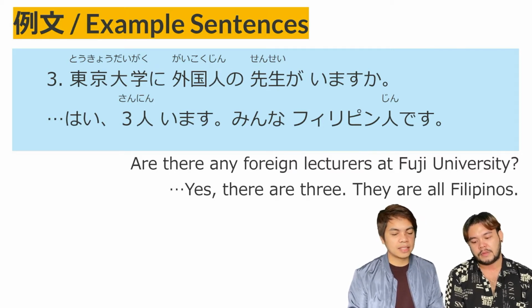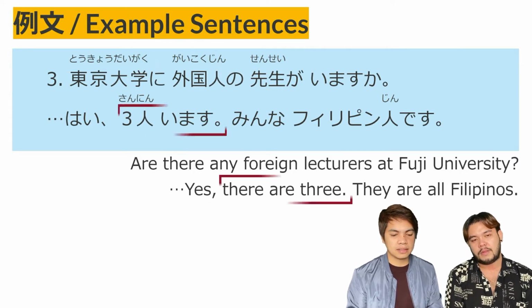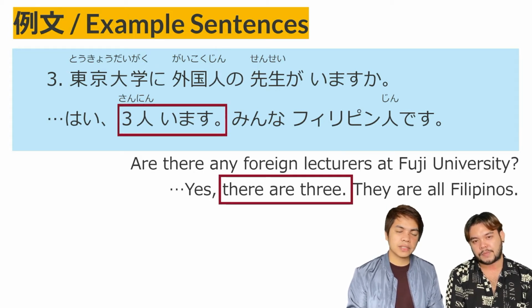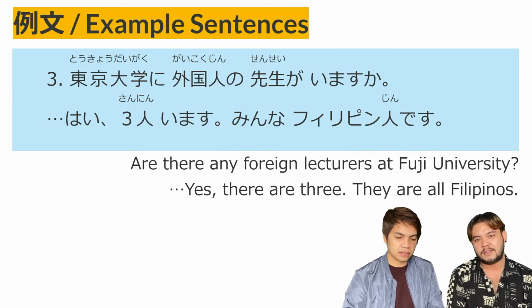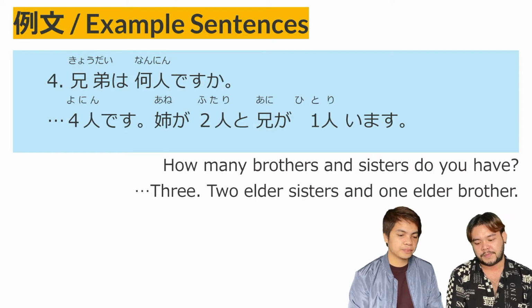He answered, "Hai, 3人います." Yes, there are 3. He used the counter nin because nin is the counter for people. Then, minna Philippine jin desu. Minna is everyone. They are all Filipinos.